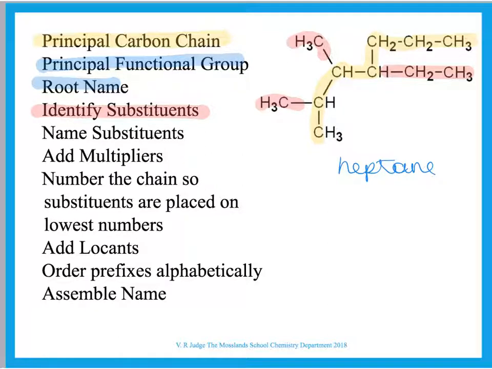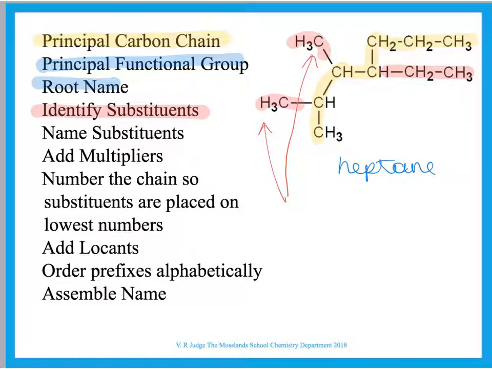So the next thing we need to do is name the substituents, so we need to know what you would call those little branch chain parts of the alkane. So these two are the same, and they're based on 1 carbon atom with some hydrogens around the outside.